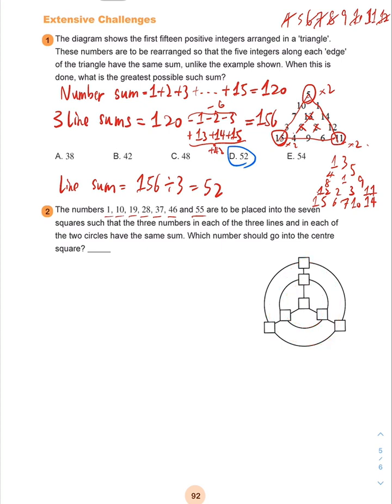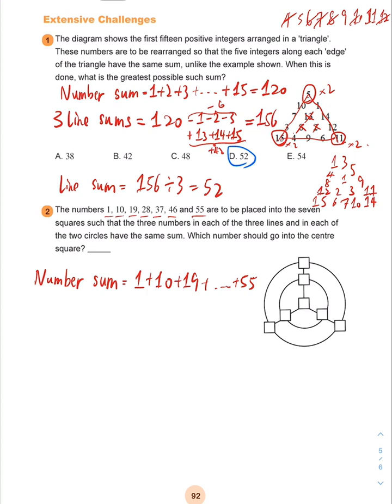Now, first of all, do we know the number sum? Yes, we definitely do. The number sum is equal to 1 adding 10 adding 19 all the way up to 55. If you're careful enough, you can see that this is actually an arithmetic sequence with a difference of 9 between the terms.